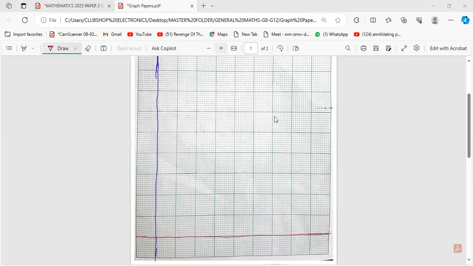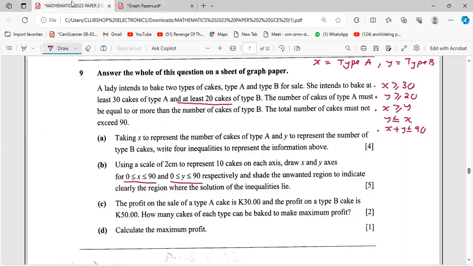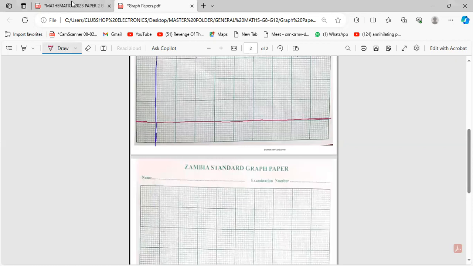The scale is 2 to 10, if I'm not mistaken, and we go from 0 to 90.